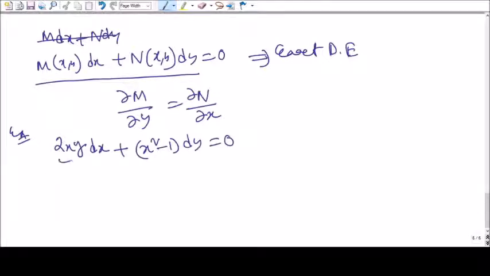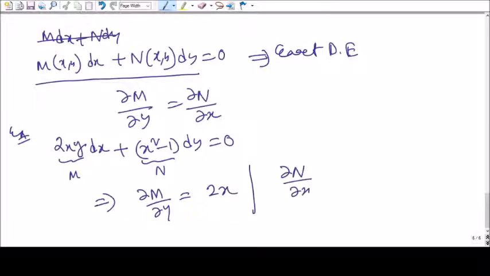Here this is the M and this is the N. Let me first check the condition for an exact differential. ∂M/∂y is equal to 2x, and ∂N/∂x is also equal to 2x. So the condition is satisfied. So we can say that this is an exact differential equation. Now we have to solve this.